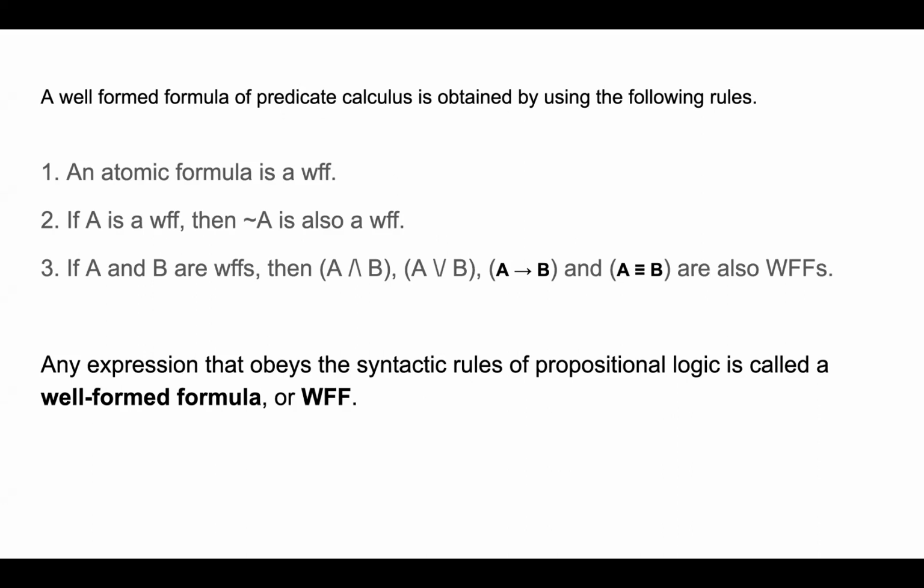For other basic operations, that is AND operation, OR operation, implication, and biconditional, if A and B are two propositions and well-formed formulas, then all these with basic operations are also well-formed formulas. That is A and B, A or B, A implies B, and A equivalent to B.